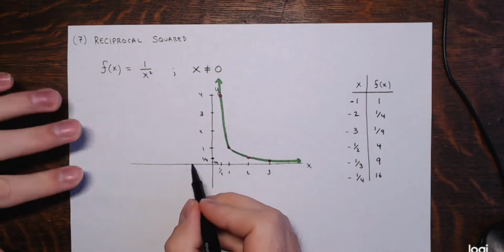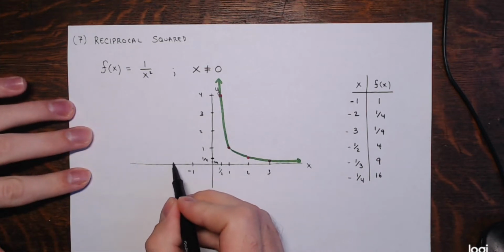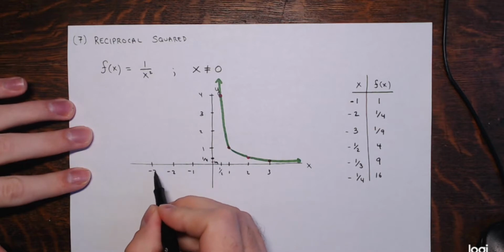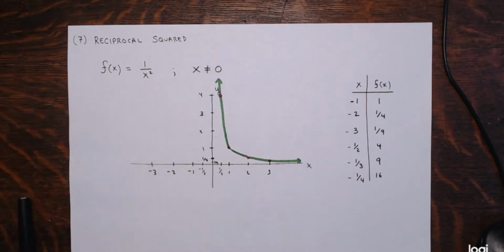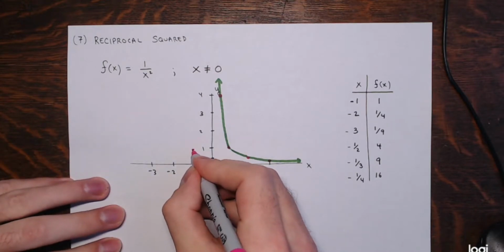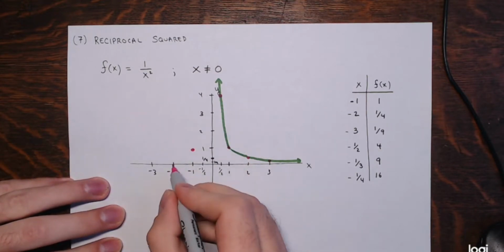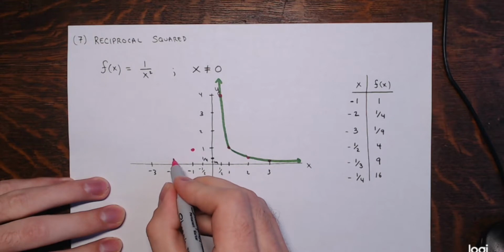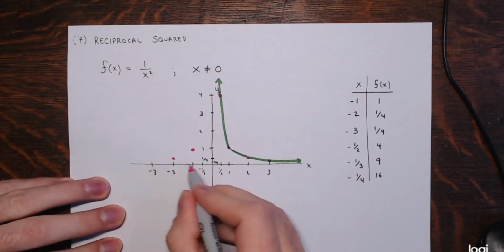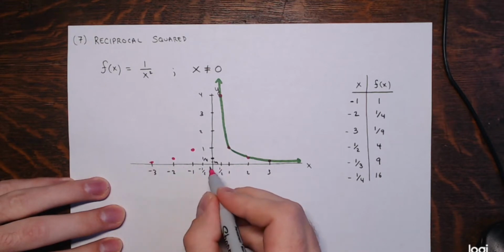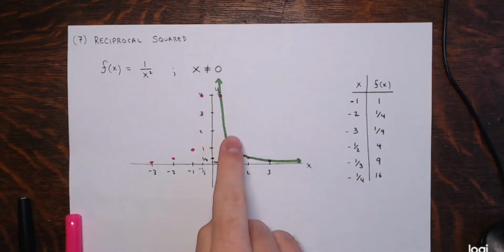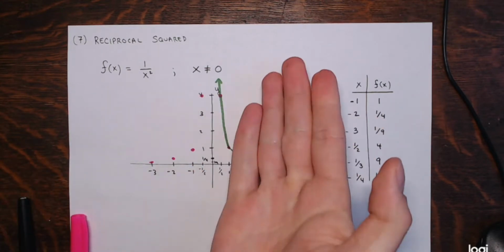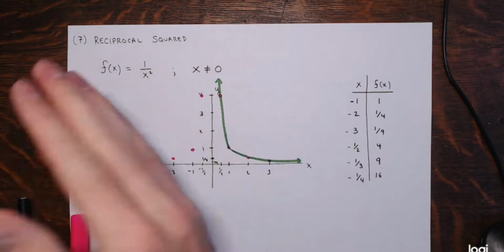So -1, -2, -3, -1/2. And yeah, -1 output, +1. -2 output, +1/4. -3 input, the output's +1/9. -1/2, the output +4. And you basically get just this curve from the right side flipped over, or reflected over the y-axis.